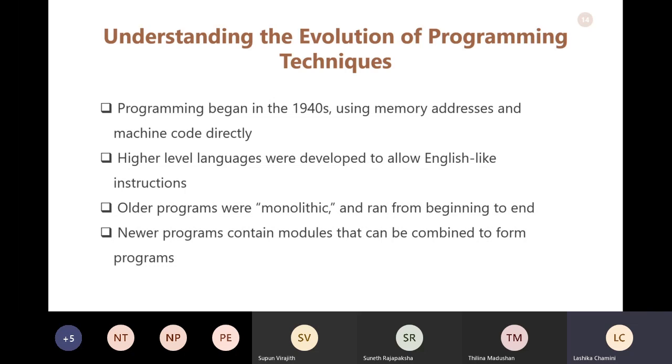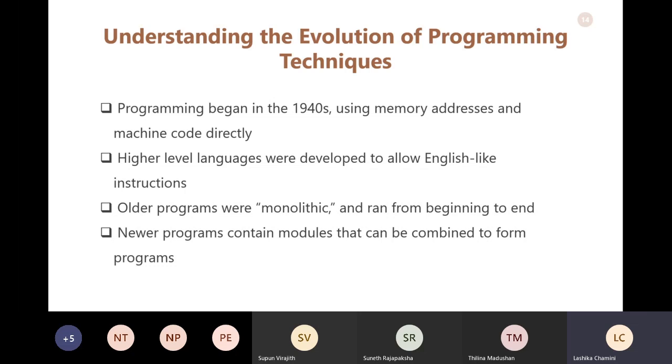In the earlier ages of computers, there was no high-level language, so people had to learn machine code, which is not easy. That means it is not readable, it is not like human language. But now we have high-level languages developed to allow English-like instructions. So if we now read some programming code, we can understand it without having knowledge of binary code.